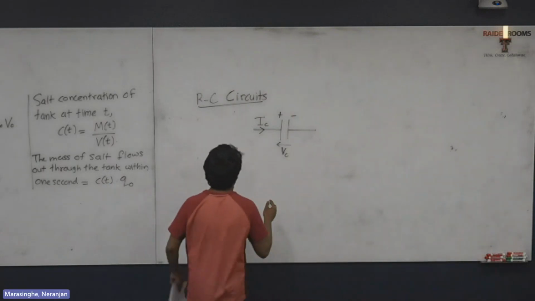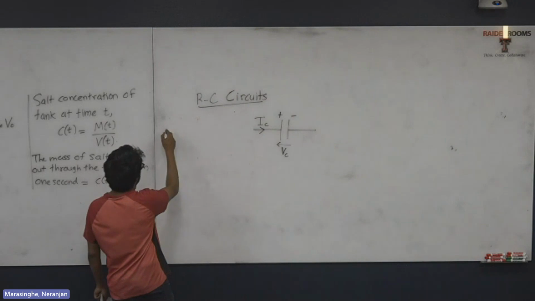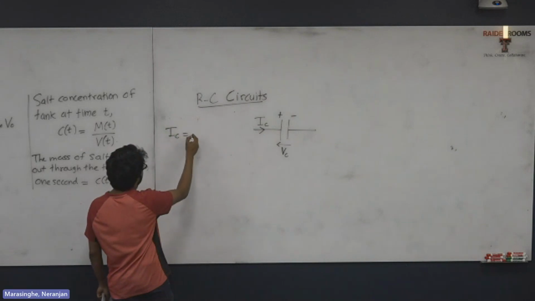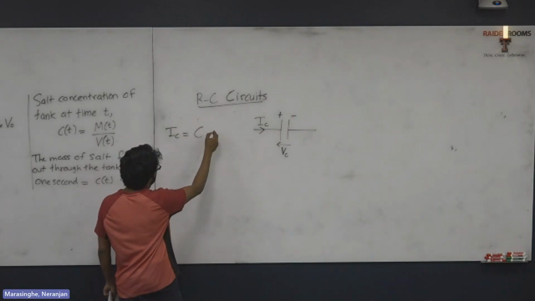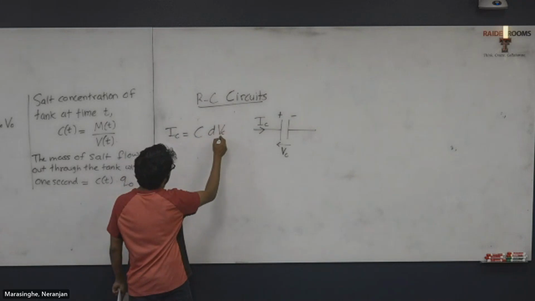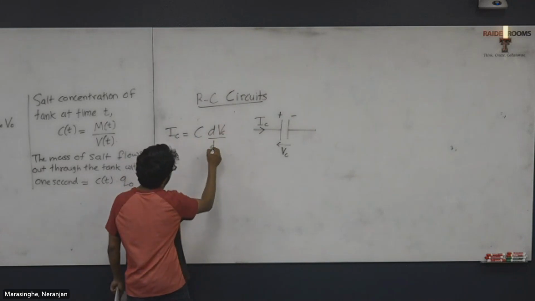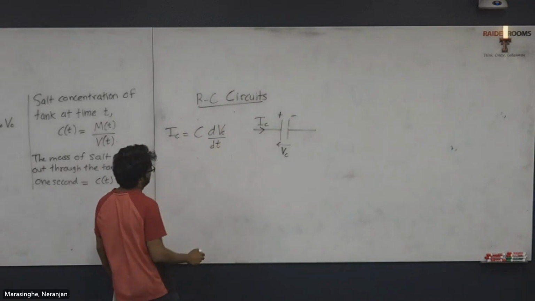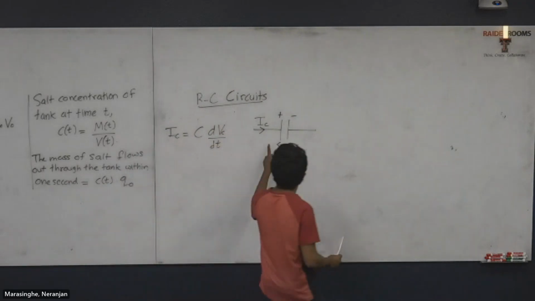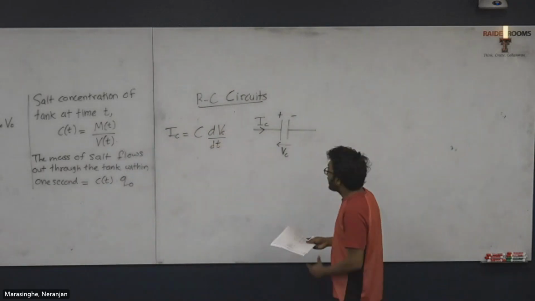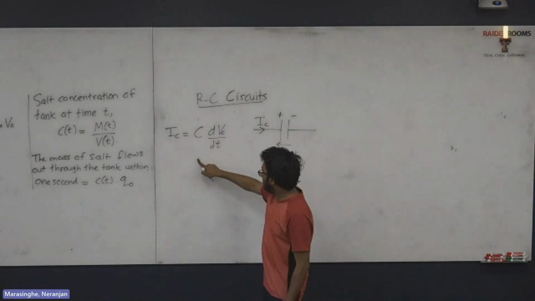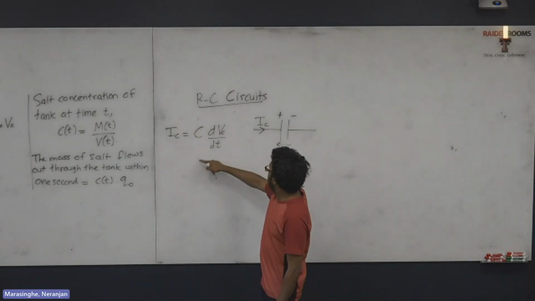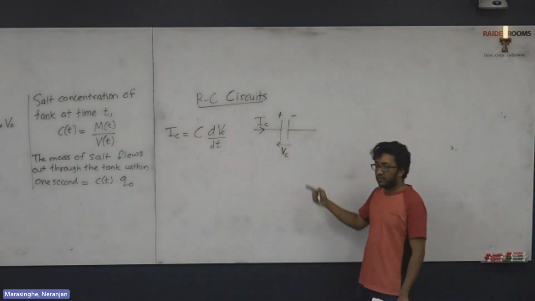Then this current is given by IC, which is the capacitance times the rate of change of voltage. Capacitance would depend on the capacitor, right?